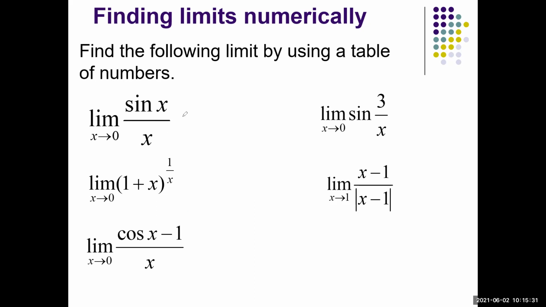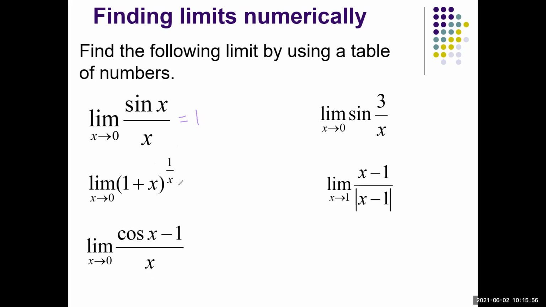So here the limit is, right, the limit of sine x over x as x approaches 0 turns out to be 1. It's 1. And that next one turns out to be a very special number, by the way.